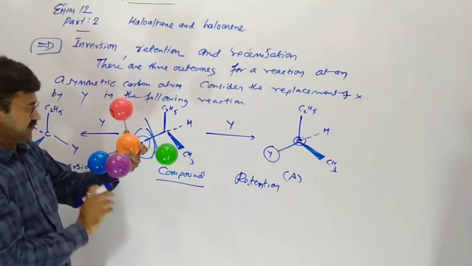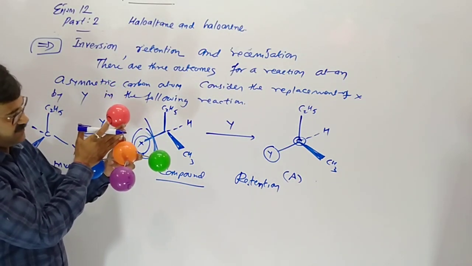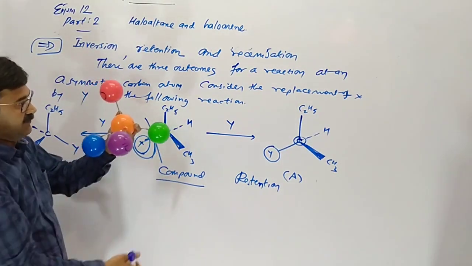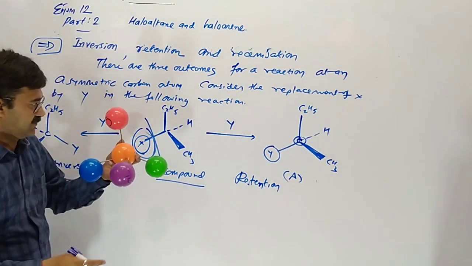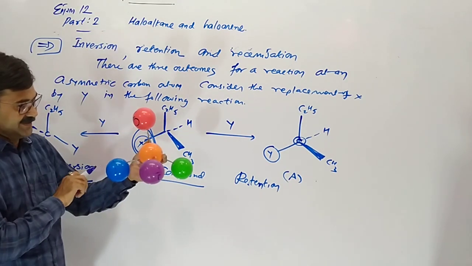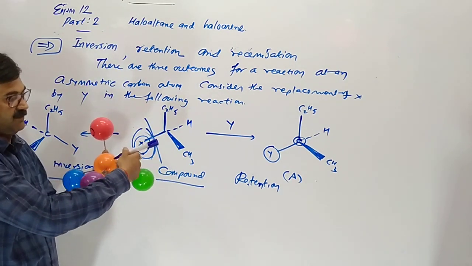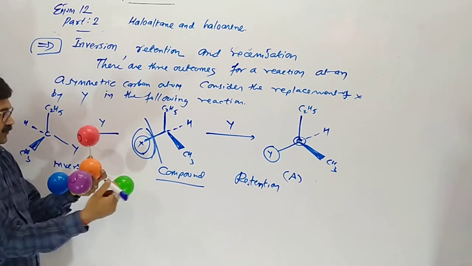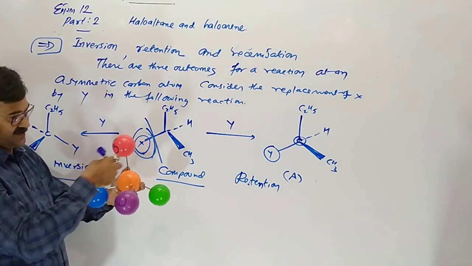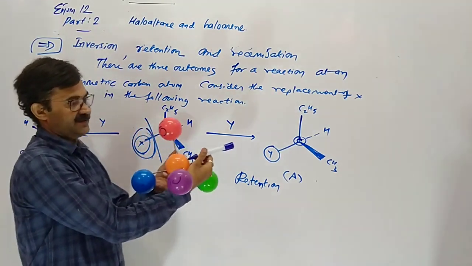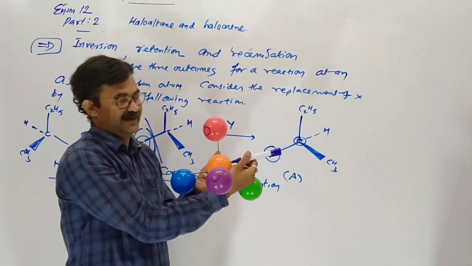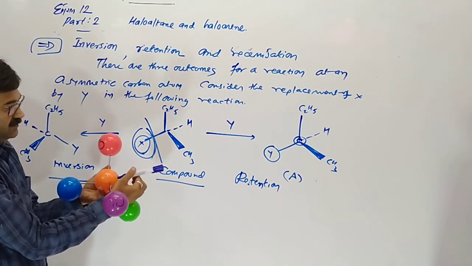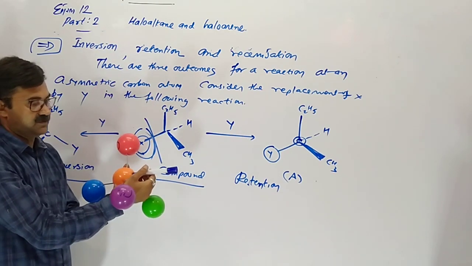But in this case, you can see the ethyl and X, blue is X, are on the same plane. Methyl is ahead of the plane, hydrogen behind the plane. Y is not entering here; Y is entering from the opposite side of X. Carbon never forms a pi bond here. So what happens?